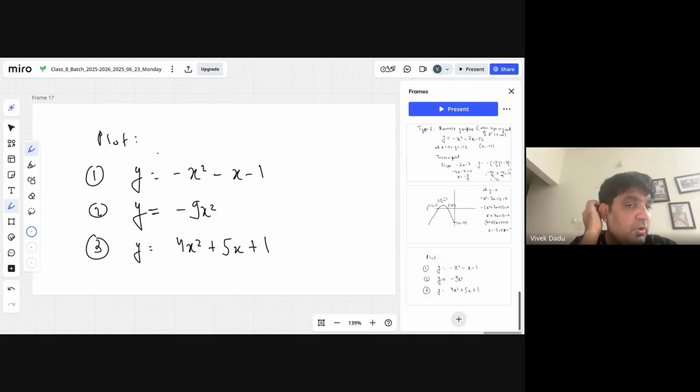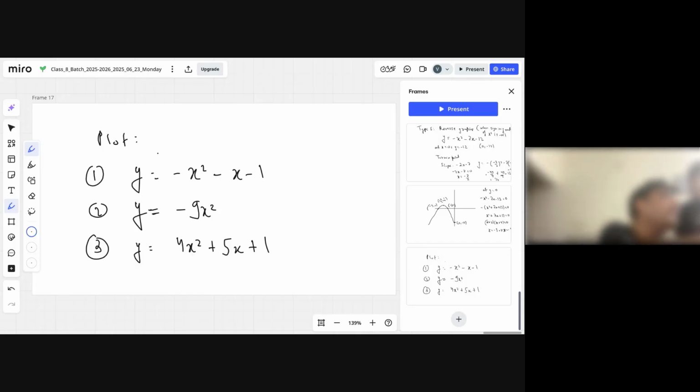Okay. You guys are confusing yourself between cubic and square graphs. That's the problem. You are still confused about second one.